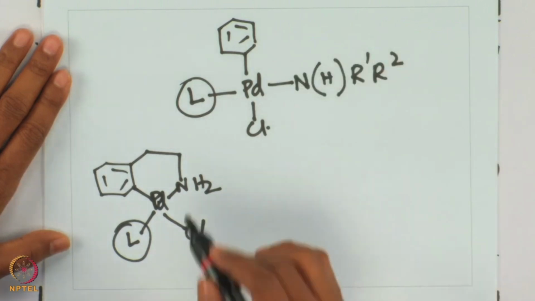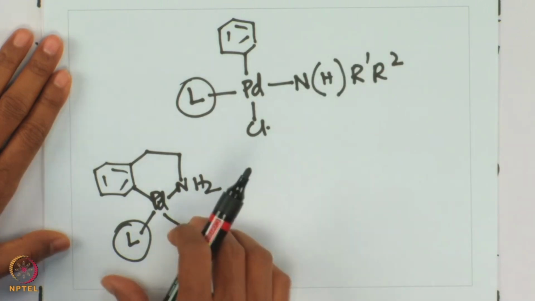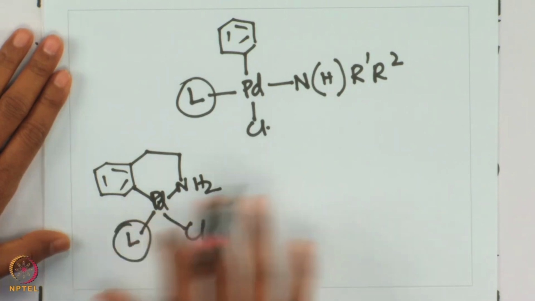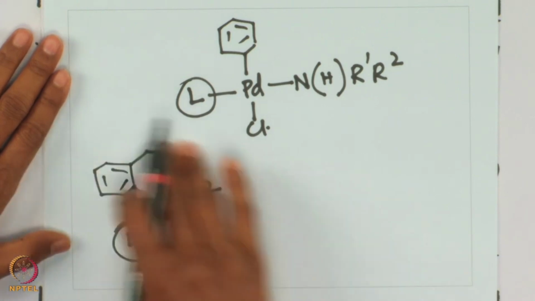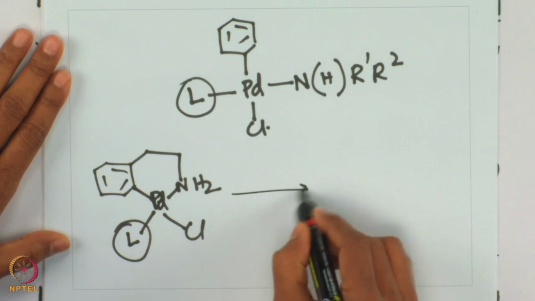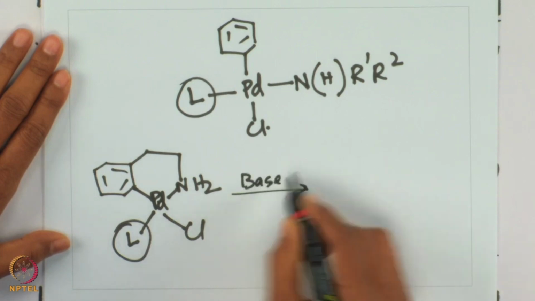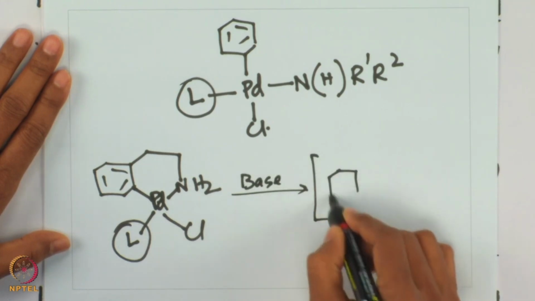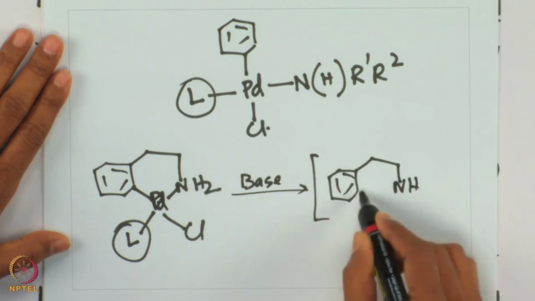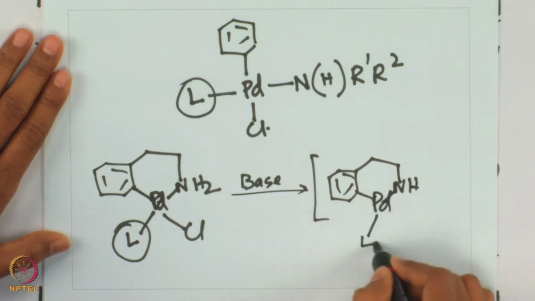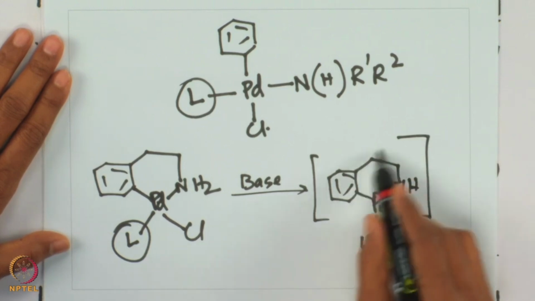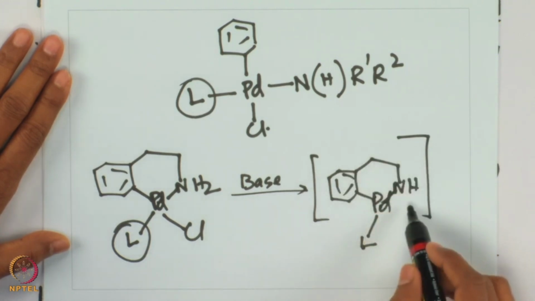Now, this is a material which one can synthesize, stabilize and keep without any problem in solid state. So, therefore, this material can be procured from a chemical company. Now, in presence of base, what can be done simply is we can get rid of HCl from this intermediate, and therefore what essentially we have is a palladium ligand and this deprotonation intermediate.